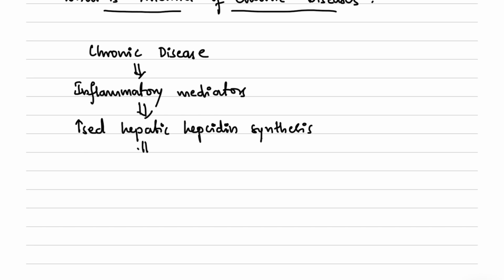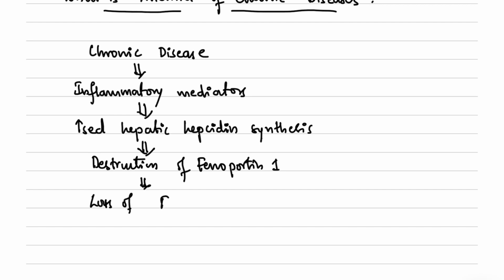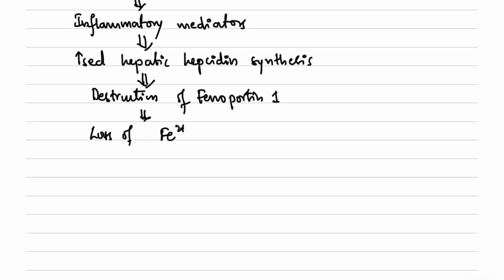Increased hepatic hepcidin synthesis leads to destruction of ferroportin 1, and when the ferroportin is lost, there will be loss of iron through mucosal shedding. So this is how a chronic disease leads to anemia.